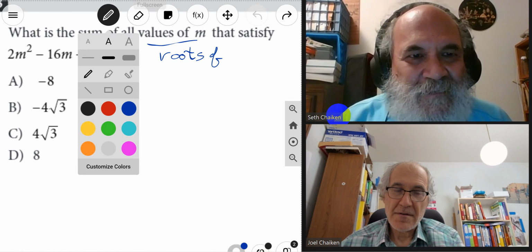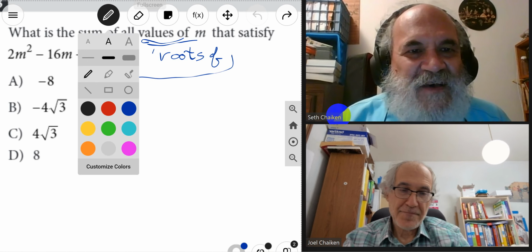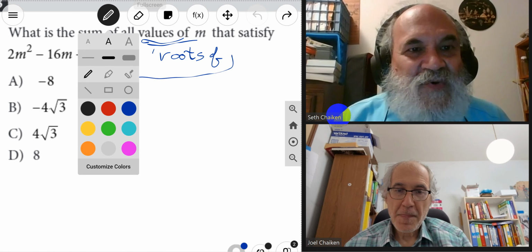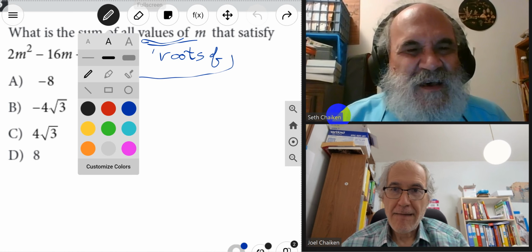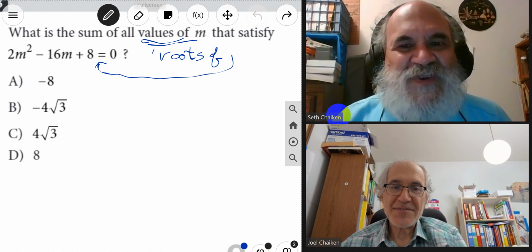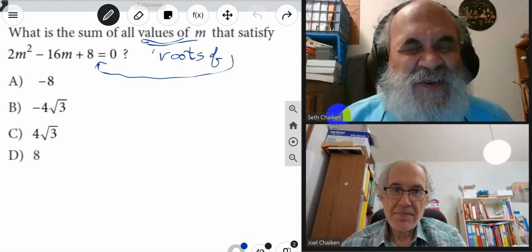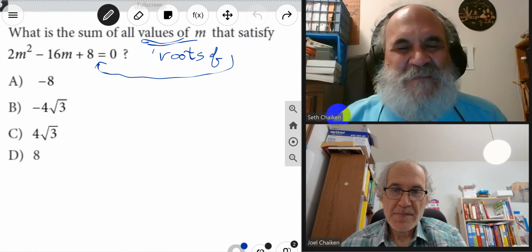Traditionally, those values are the roots, and the question is about the sum of the roots, which is the same thing as the sum of the values that satisfy the equation.